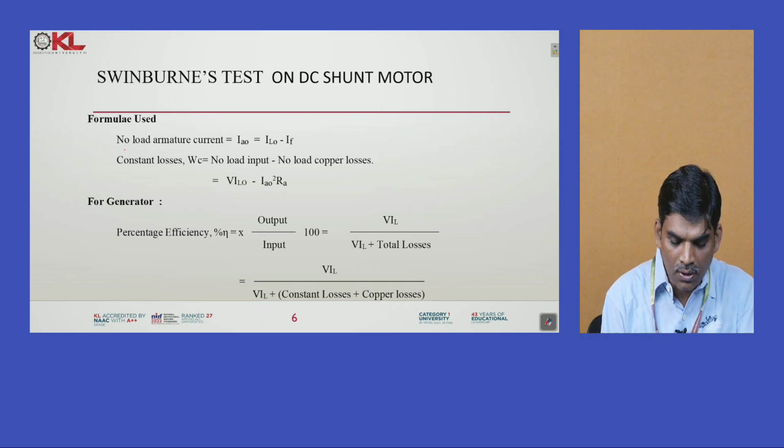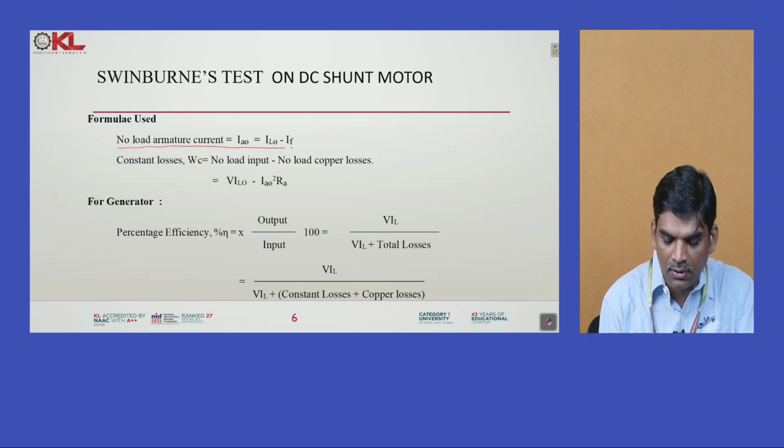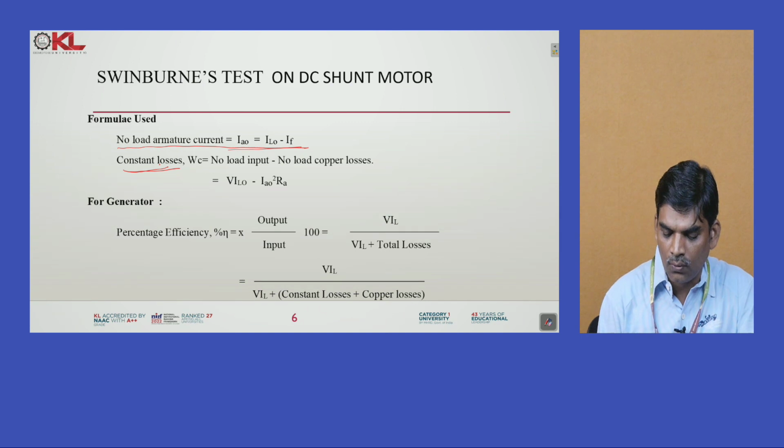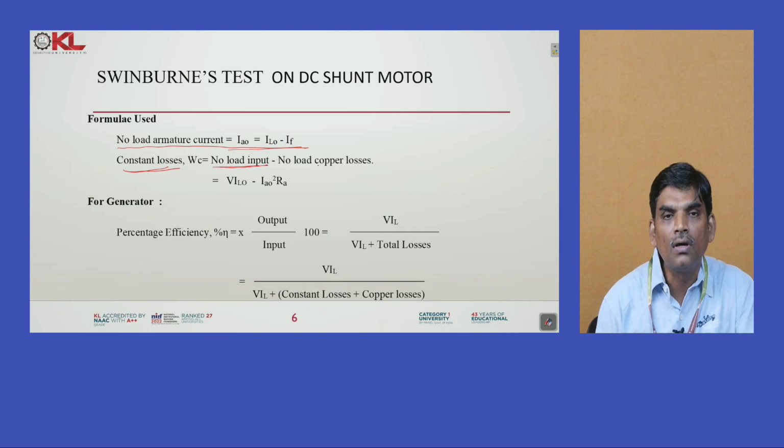First, the no load armature current IA naught is equal to IL naught minus IF. Under no load, the total input is equal to constant losses plus copper losses.